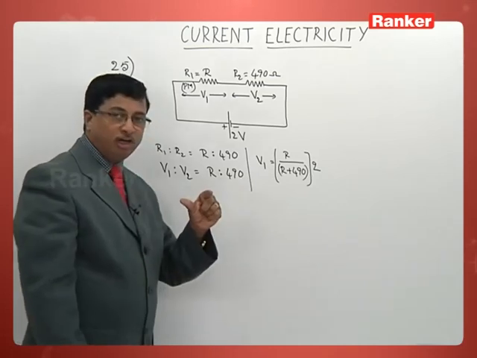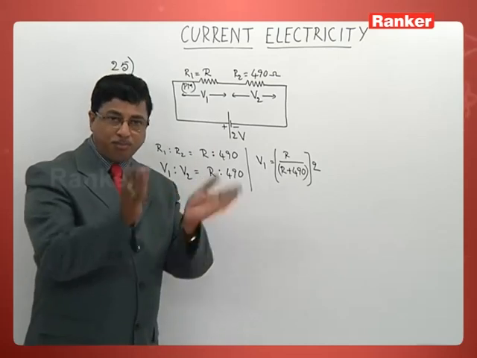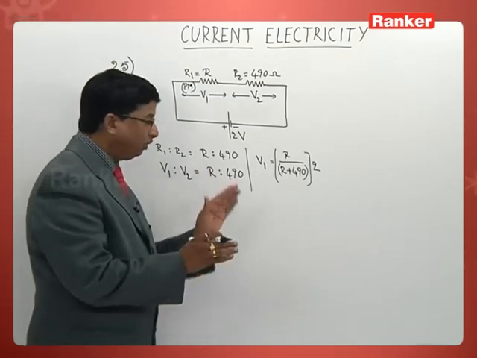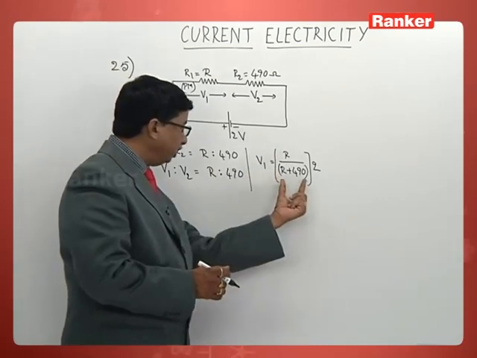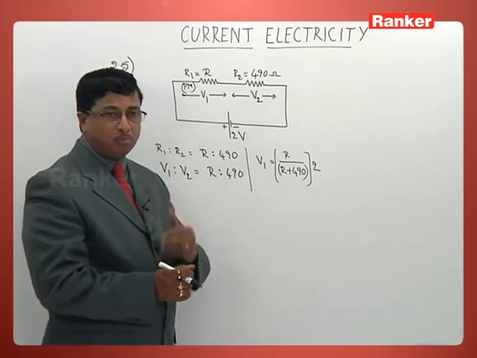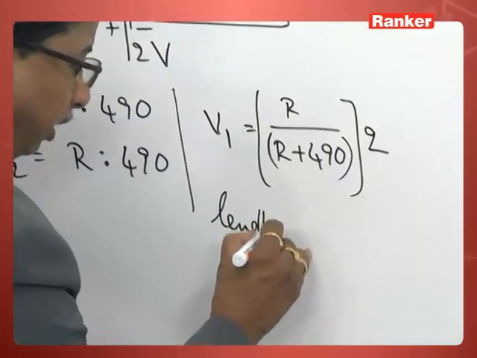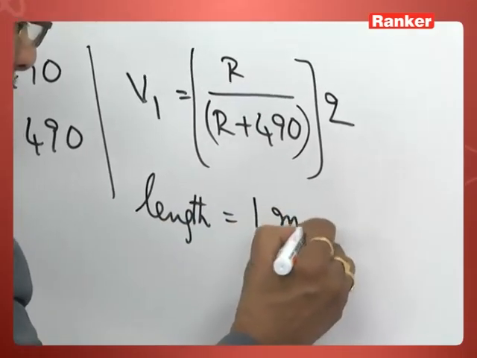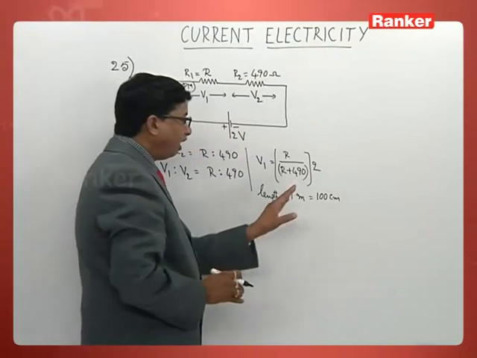R plus 490 parts we have in total, out of them R parts go to the wire. So R by R plus 490 into 2. But he clearly mentions the length of the potentiometer wire is 1 meter, which I can take as 100 centimeter.